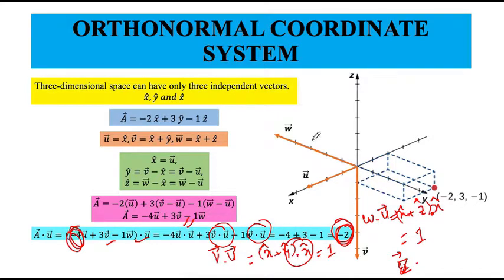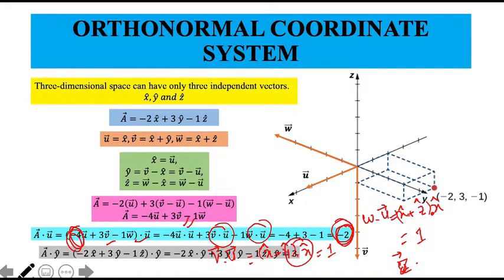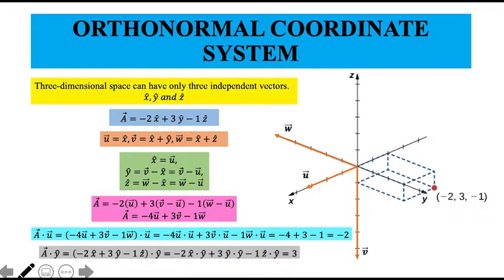Let us verify that. Take the same vector A and I want it in the direction of y. Again it is coming out to be 3 along y direction, because this is 0, this is 0 and this is 1.